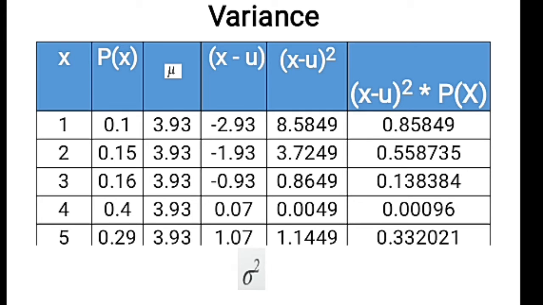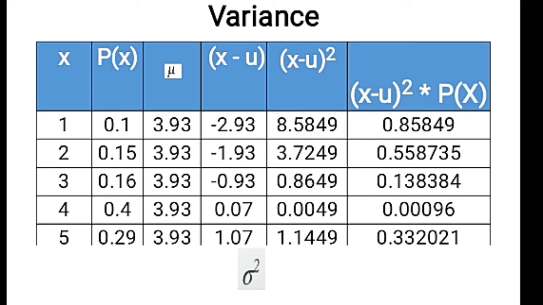The difference of 1 minus 3.93 is negative 2.93. 2 minus 3.93 is negative 1.93. 3 minus 3.93 is negative 0.93. 4 minus 3.93 is 0.07. 5 minus 3.93 is 1.07.